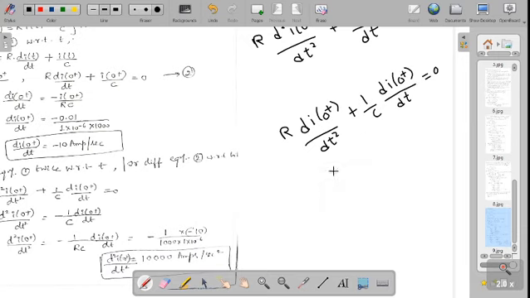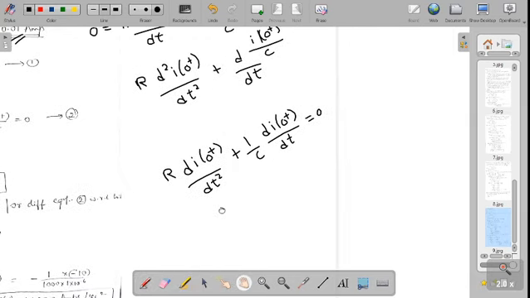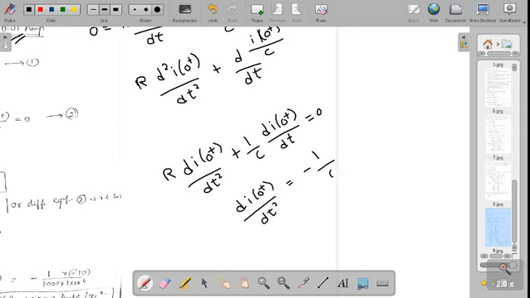So take this term on the other side, so that would be d square I of 0 plus divided by dt square will be equal to minus of 1 by c derivative of I of 0 plus divided by dt.